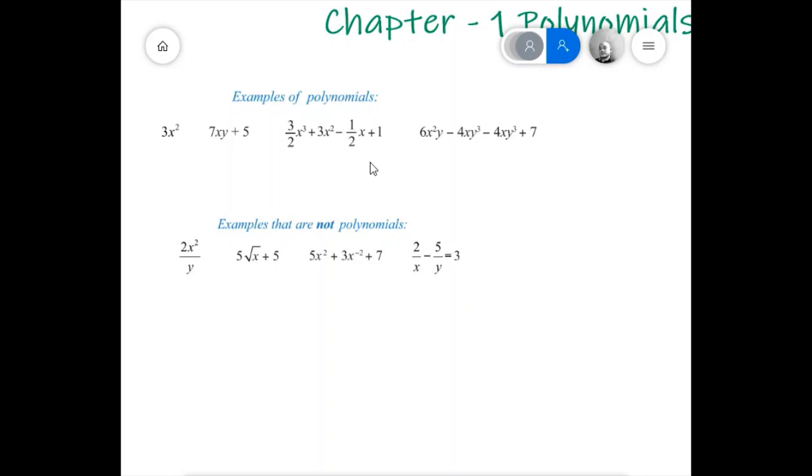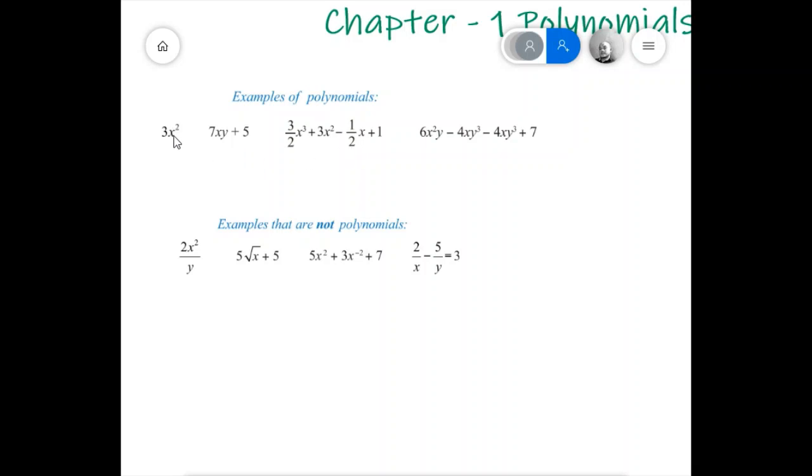Now when I say all these expressions are the polynomials, so can you see any differences or the common thing in this? Okay, so the common thing is all the powers, that is the exponents of each of the variables over here in all these expressions are the whole numbers.